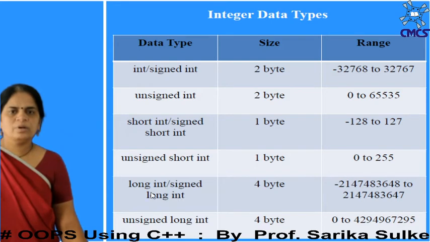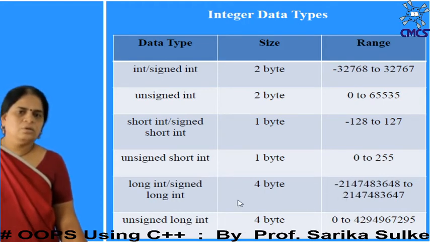Long integer is also divided into signed value and unsigned value. Obviously signed will have both positive and negative values, and unsigned has the positive values. So these are its ranges. लॉन्ग इंटीजर की range आपके सामने है, and this is about the unsigned long integer.